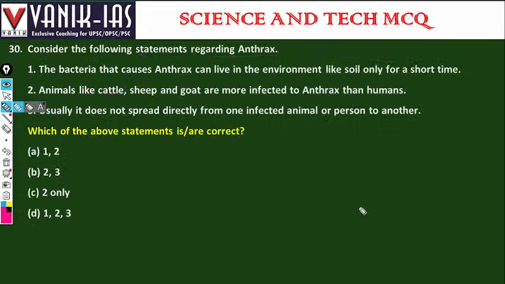Now consider the following statements regarding anthrax. The bacteria that cause anthrax live in the environment, like soil, only for a short time. No, this is wrong. It can be present for a long time, right?